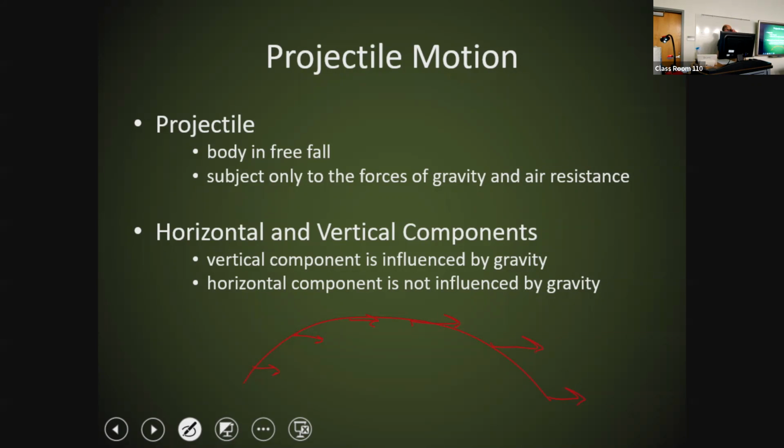But we throw it to your right. But also, even as soon as you let go of it, there is going to be a downward force of gravity at all points along the path. And that's going to be constant.